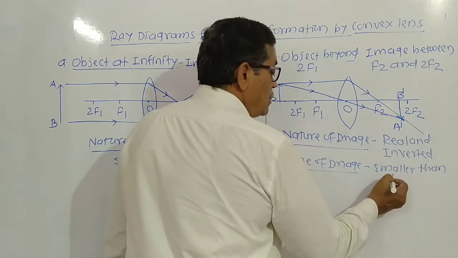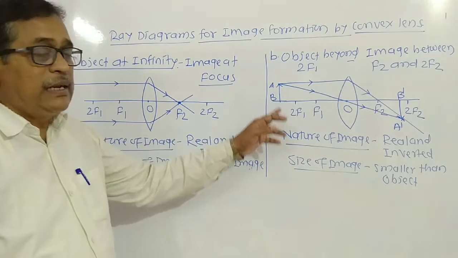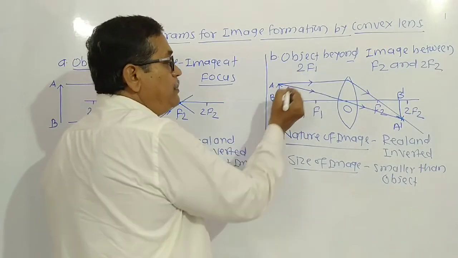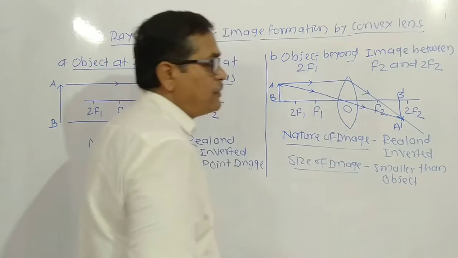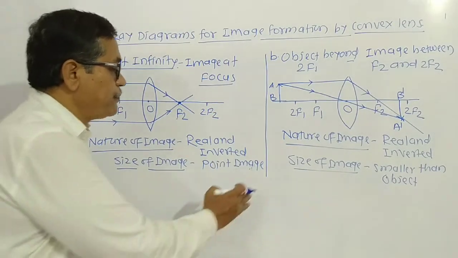Smaller than object means in this way. That is the second diagram. You are given the position of the object beyond 2F1, image between F2 and 2F2. That is the second ray diagram.